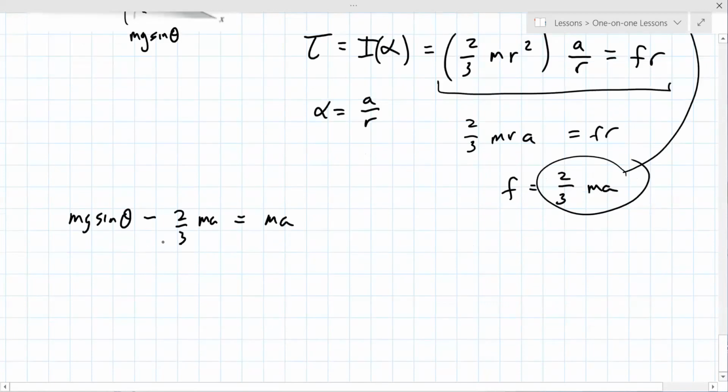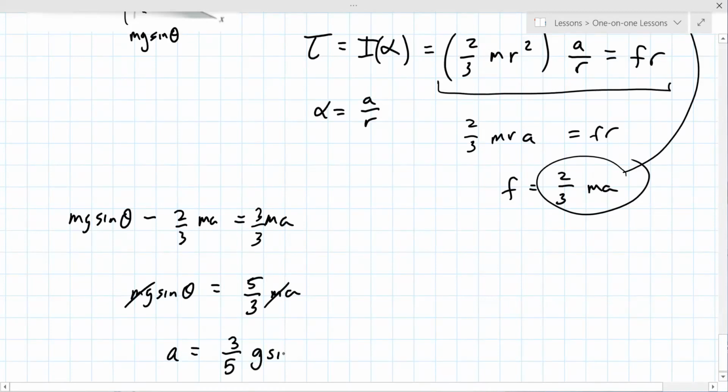So we can add this term to the other side. This is really 3 over 3, so you get mg sine theta equals 5/3 m a. The m's cancel because they're on both sides. So a, if you clear the fraction, is 3/5 g sine theta. That's your answer for that one. Sounds good.